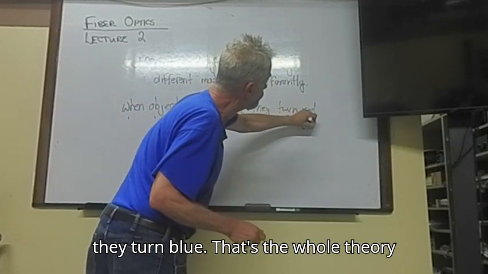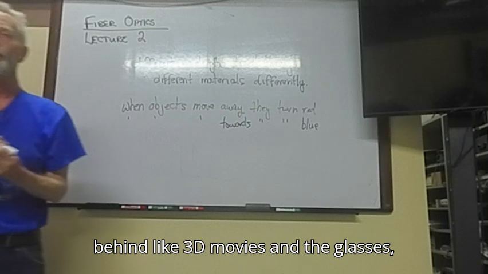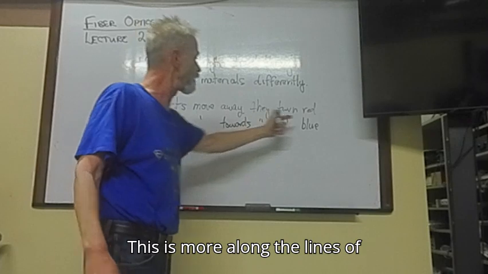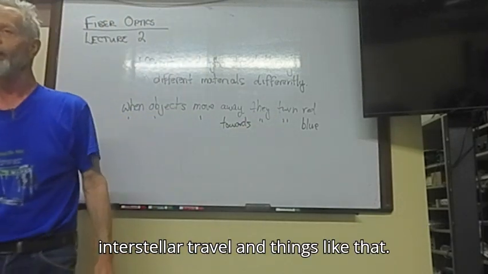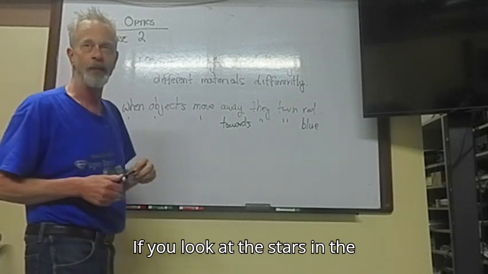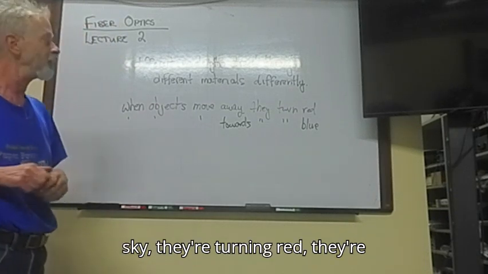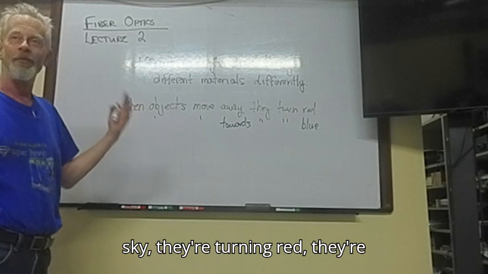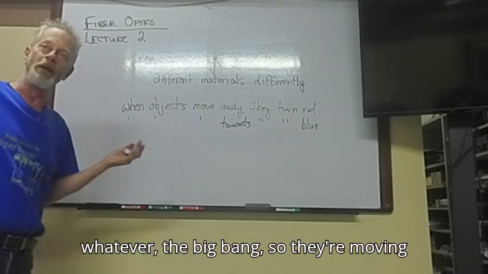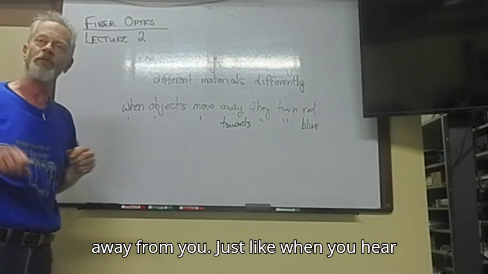Is that the whole theory behind 3D movies and the glasses with red and blue filters? No, that's different. This is more along the lines of interstellar travel and things like that. If you look at the stars in the sky, they have a red component because they're moving away, supposedly, because of the Big Bang.